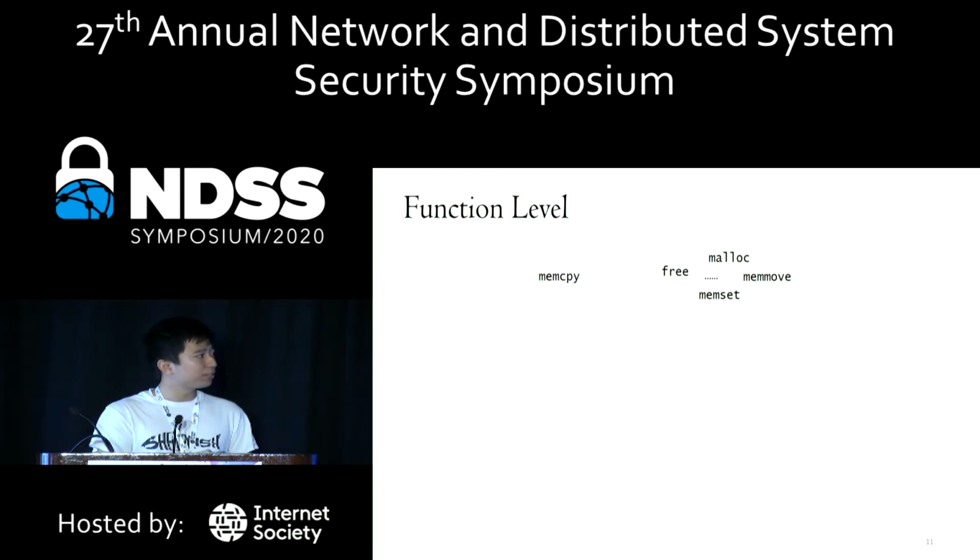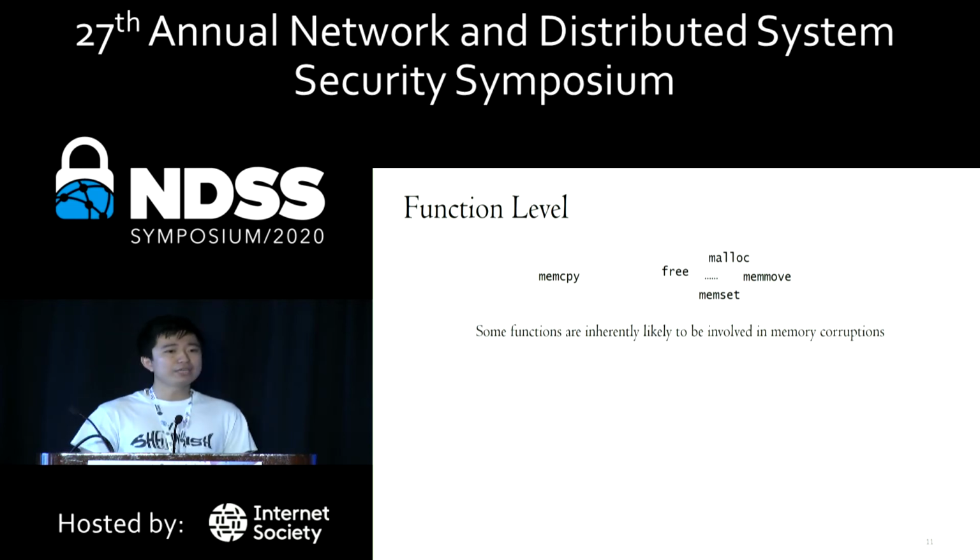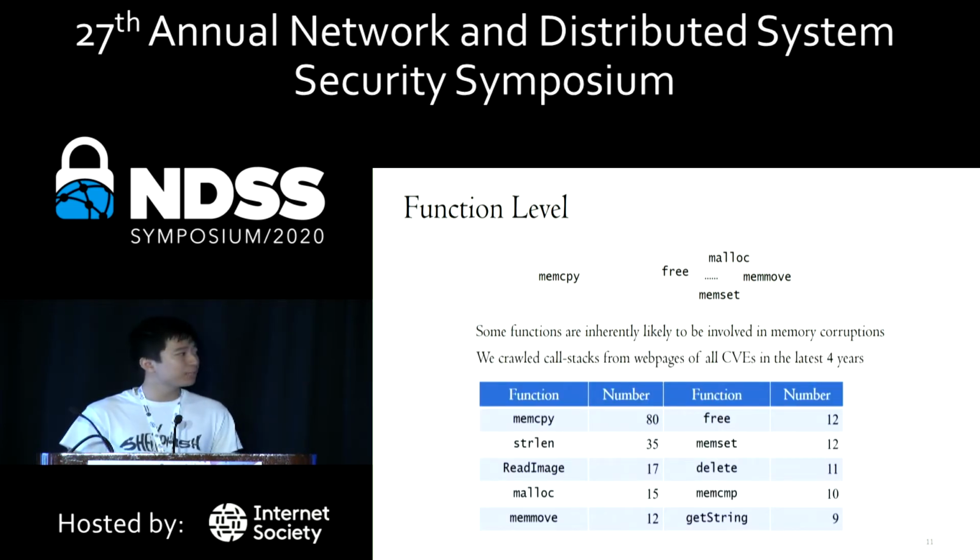Based on this intuition, we crawled all call stacks from CVEs in the latest 4 years, and we came up with this table. As you can see, this table is consistent with our intuition that memcpy, free, and strlen are involved in memory corruption vulnerabilities a lot.